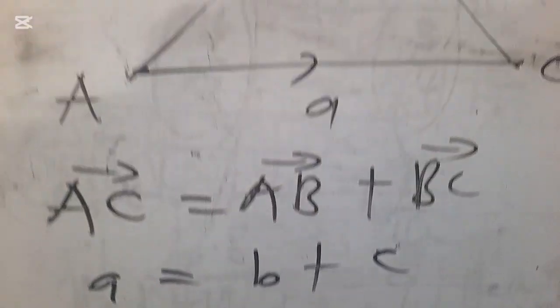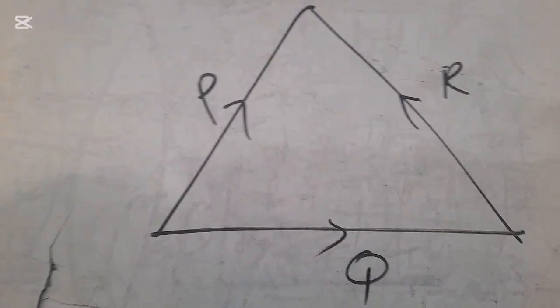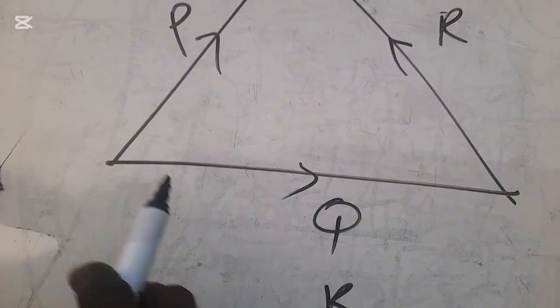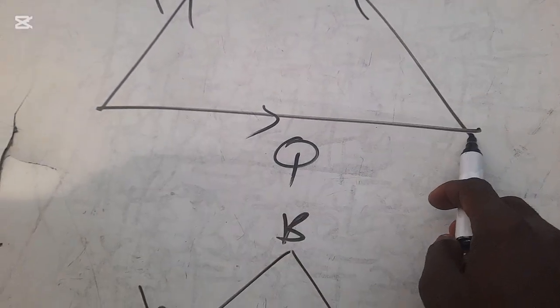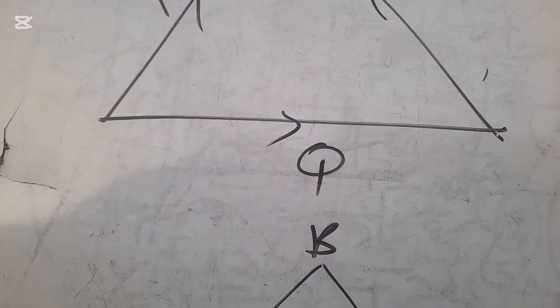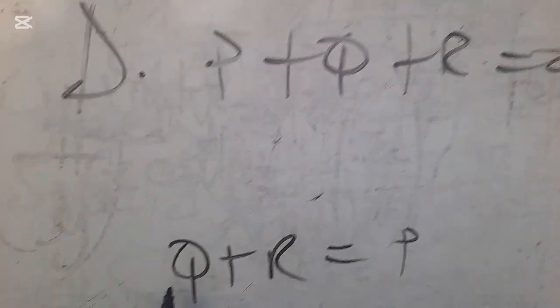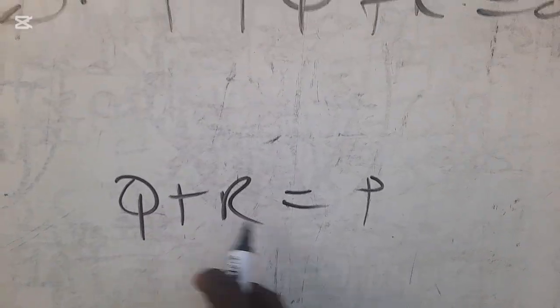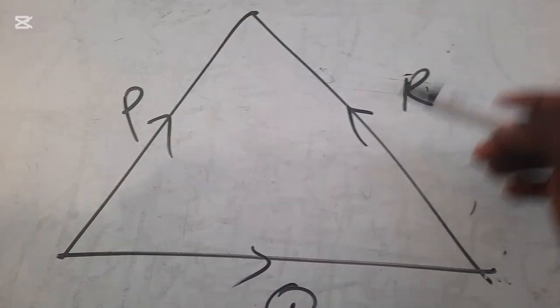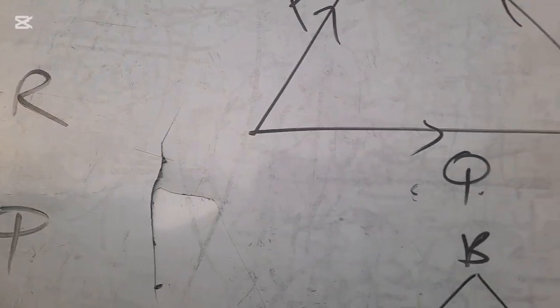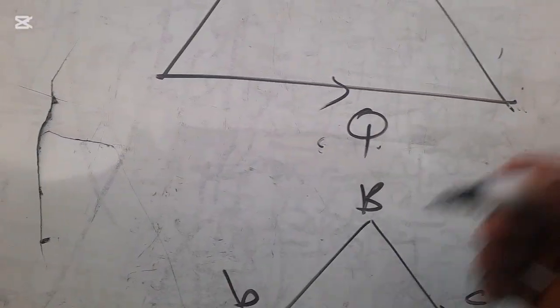Now that you have understood this, you can come here and say vector Q is ending here and vector R is beginning. So it means Q plus R. In that case, this and this are addable. We can add them. They are additive.